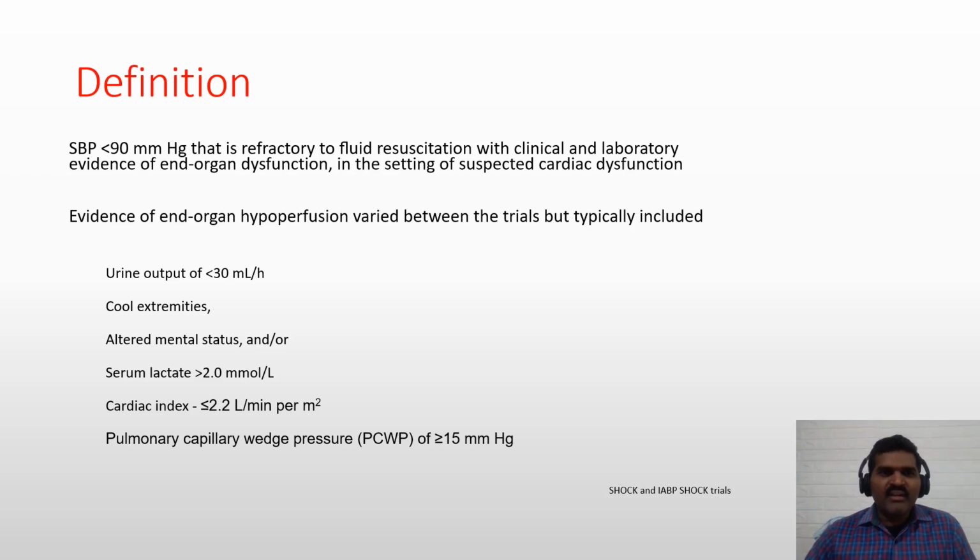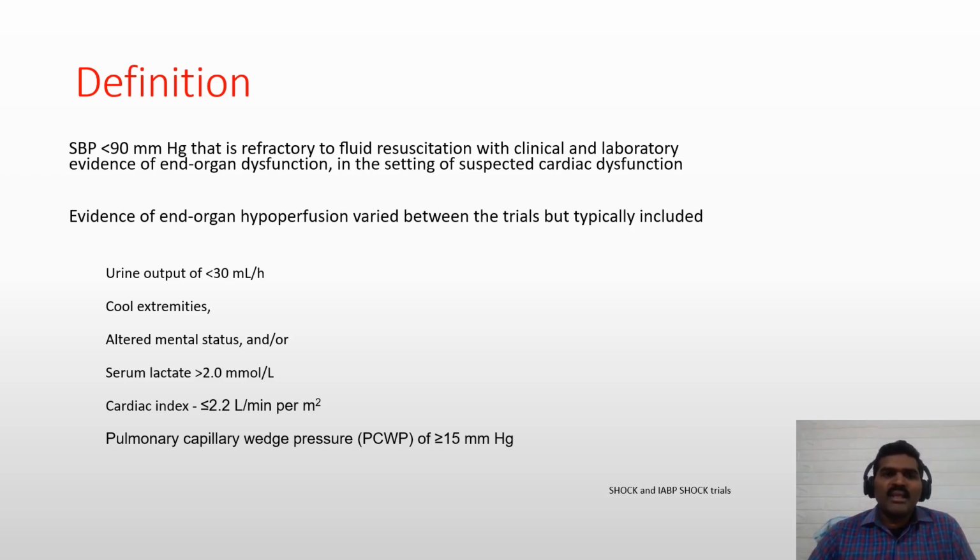Evidence of end organ perfusion varies between clinical trials, but usually it includes urine output less than 30 ml per hour. But urine output is a poor indicator in the emergency department. The patient will be staying for a very short duration and you will not be able to assess the urine output unless the patient presented to you with decreased urine output.